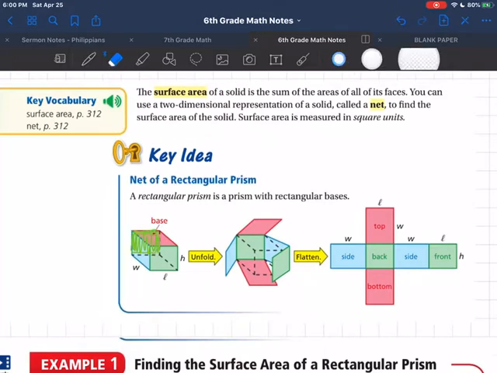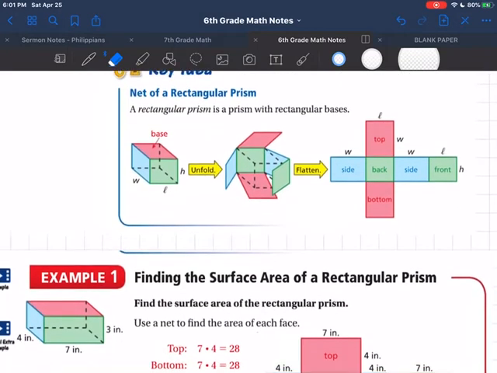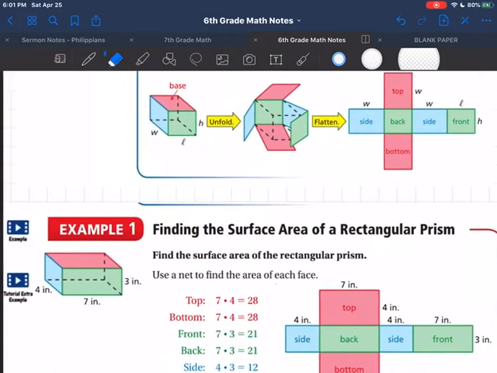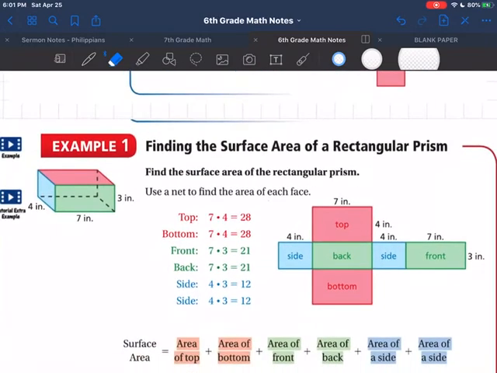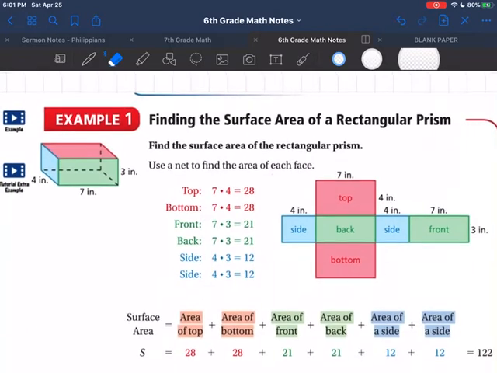And from my brain, it works very well to be able to look at a solid and kind of picture it. So however you want to do it, I'm going to teach it kind of without this because I make mistakes when I try to make the nets. I always make mistakes.